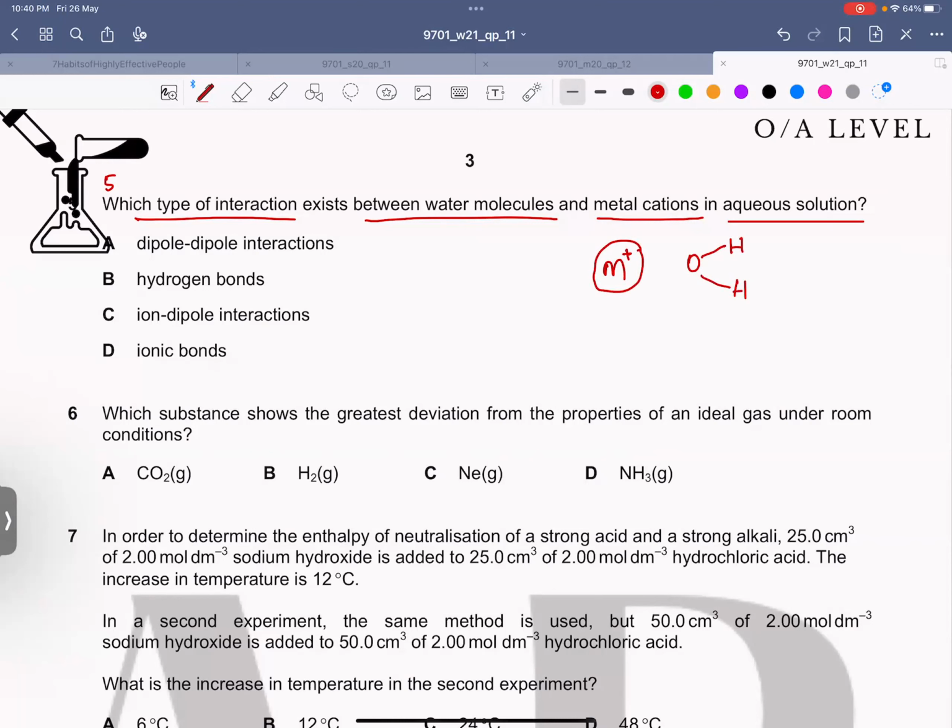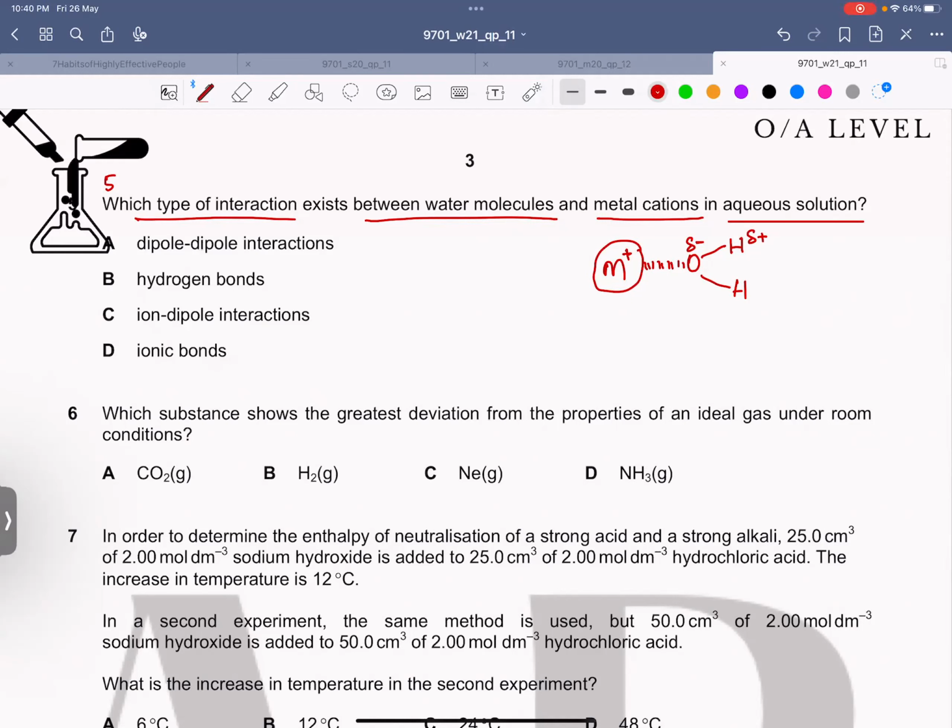If the water molecule attracts the cation, then the partial negative oxygen would attract the positively charged cation. So the attraction is between the oxygen of a water molecule and the metal cation, right?